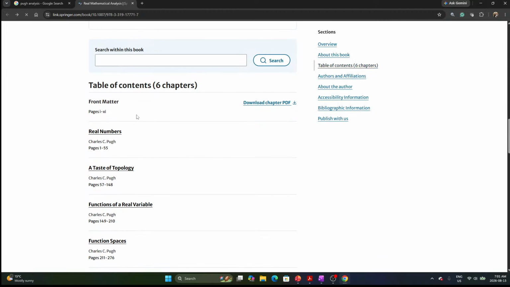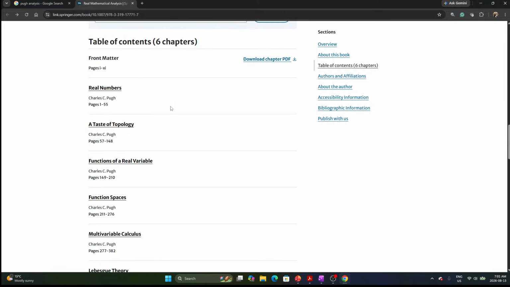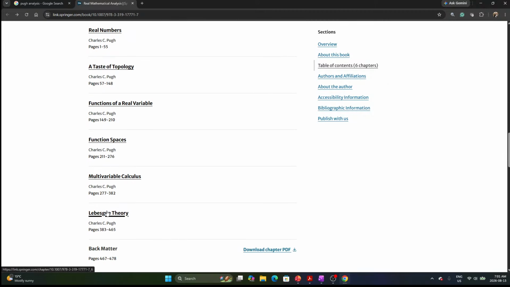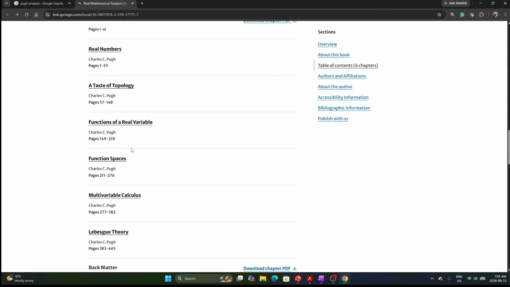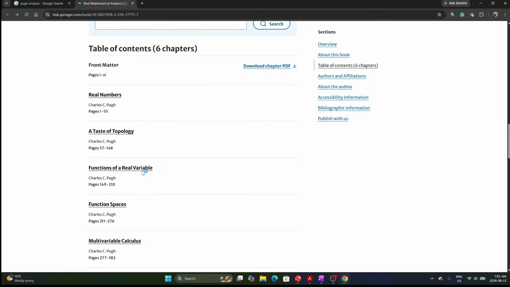Each book must have its own uniqueness. Functions of a real variable, function spaces, multivariable calculus. Oh wow. Interesting. Where are integrals? What about derivatives and integrals?